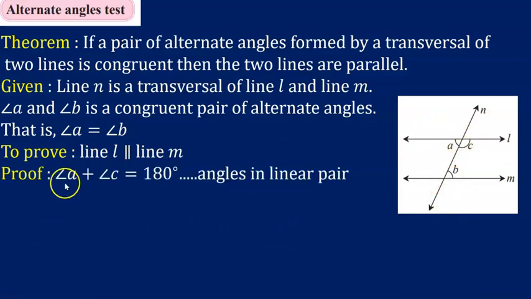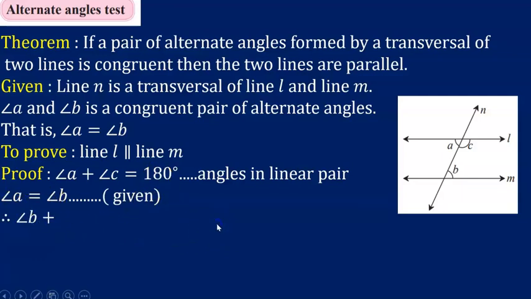Now the proof. Measure of angle A plus measure of angle C is equal to 180. These angles are a linear pair. Angle A is equal to angle B. This we have given. Therefore, measure of angle B plus measure of angle C is equal to 180.